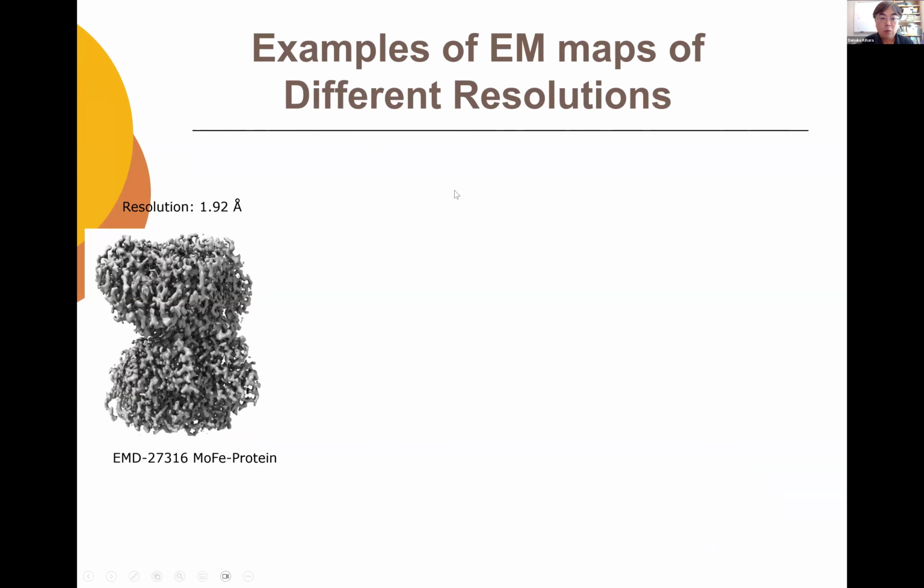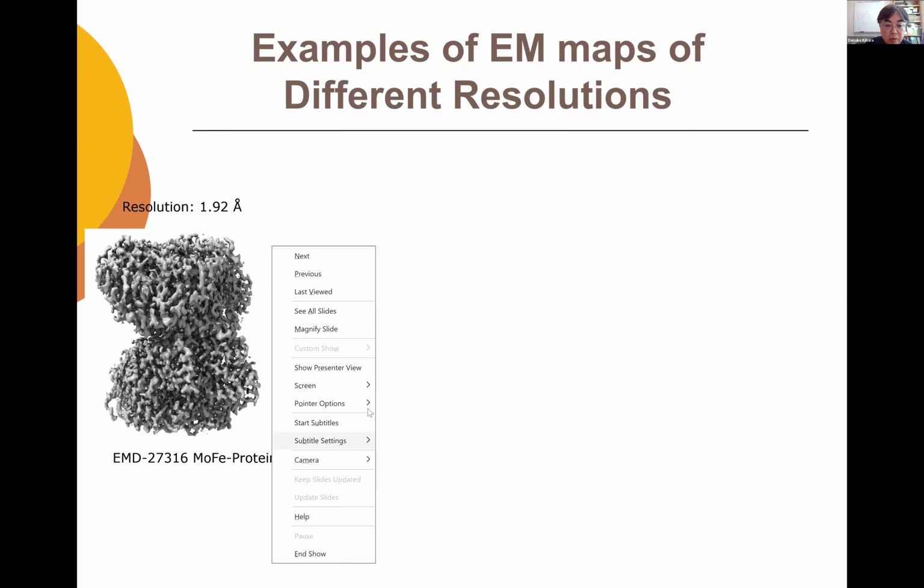We have tools for relatively higher resolution and lower resolution because, as probably everyone knows here, the information you have in the map really depends on the resolution. Here, I picked just one random EM map at 1.92 angstrom. There you can see the side chains very well.